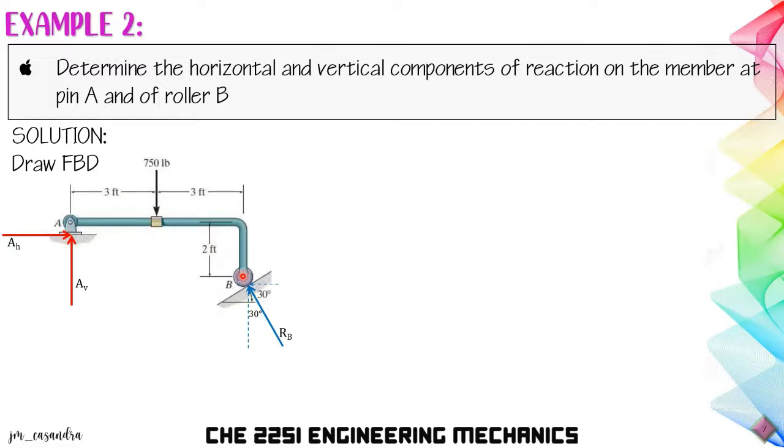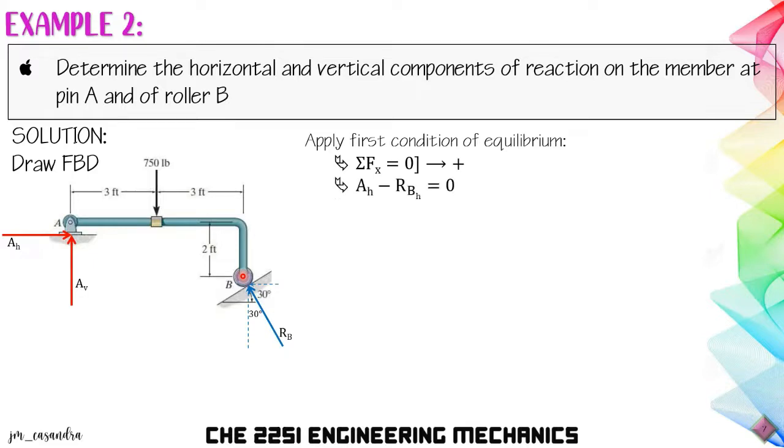So to solve for our reactions, we apply the first condition of equilibrium, which is summation of forces. So we'll have summation of forces along the horizontal equal to 0. To the right, positive, we will have A horizontal minus RB horizontal equal to 0.